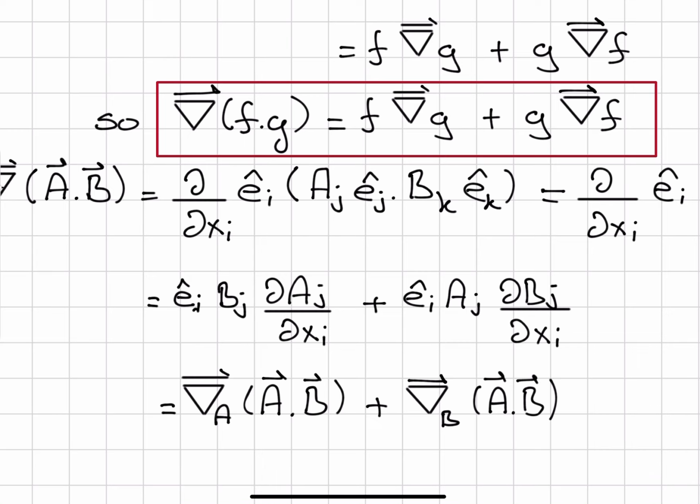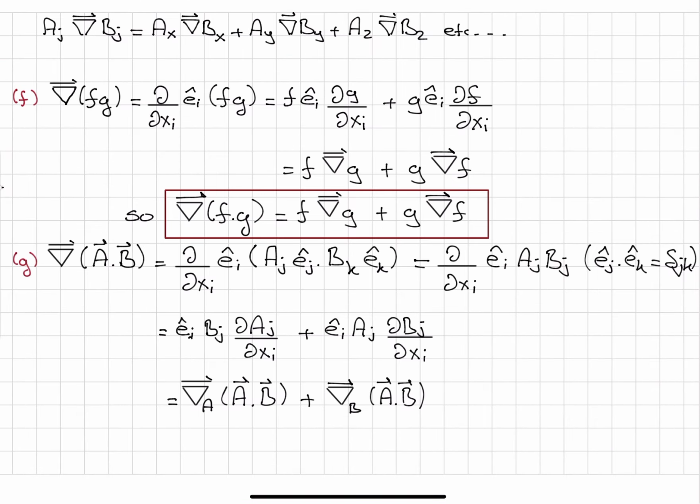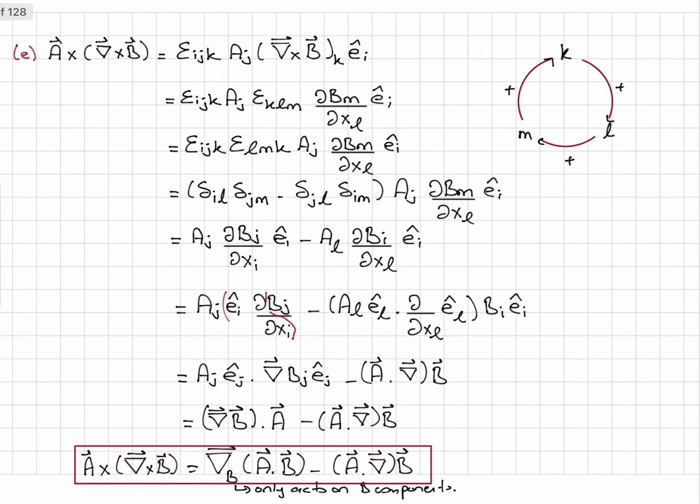Okay. Now, remember from the previous problem in part E, we have shown that gradient with respect to B of A dot B is given by this identity.